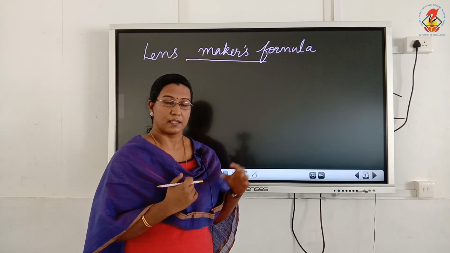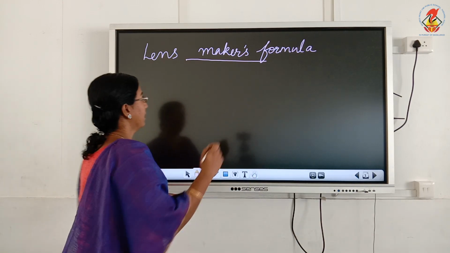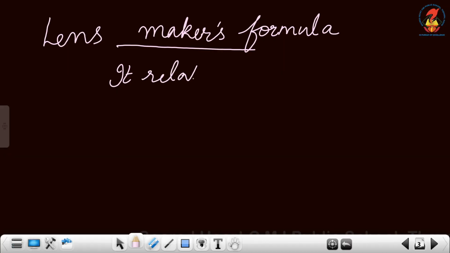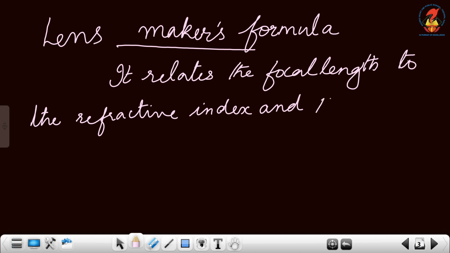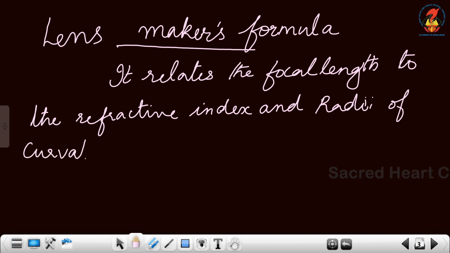Now, this formula relates the focal length of the lens to the refractive index and radii of curvature.